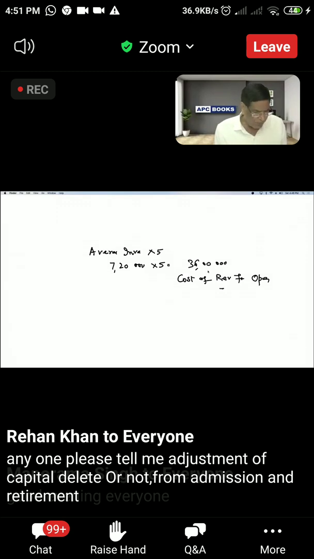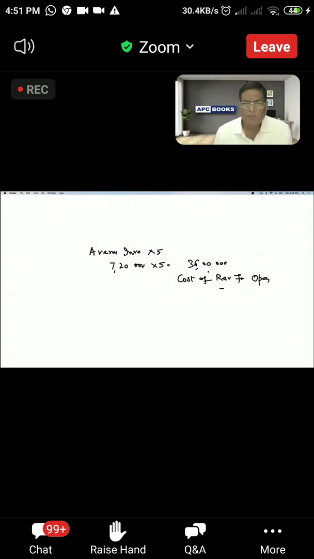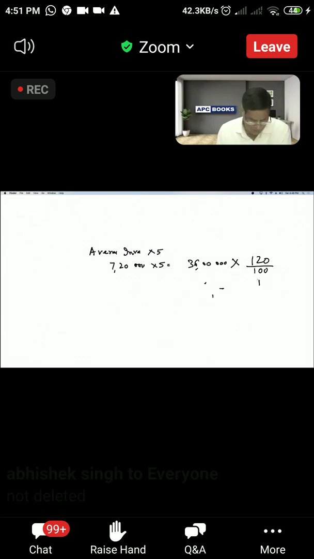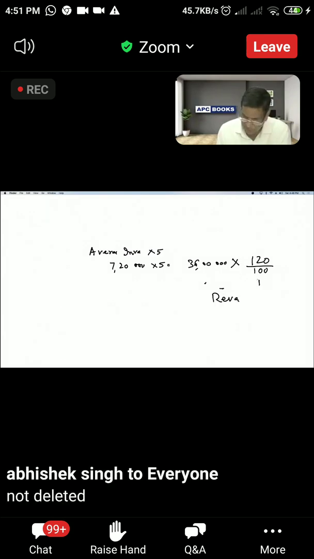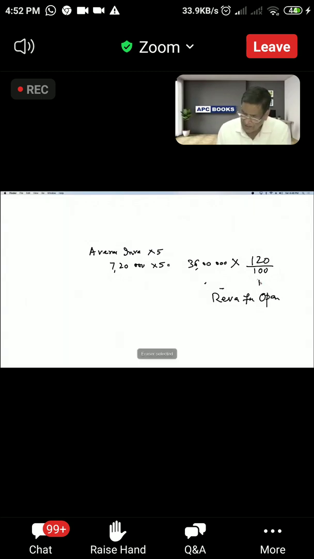So gross profit is 20% on cost. If we multiply it by 120 upon 100, we get revenue from operations.